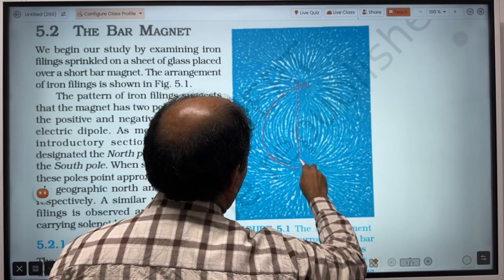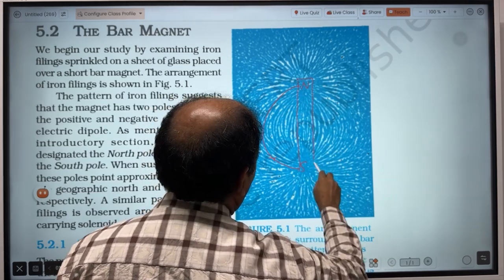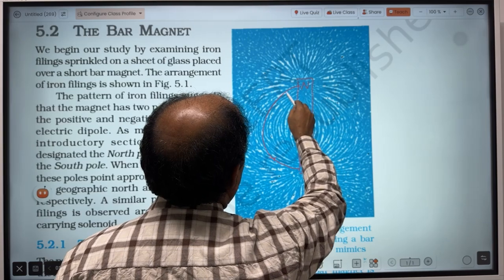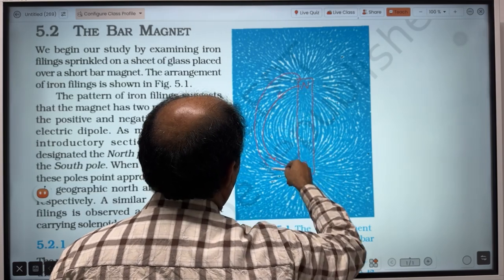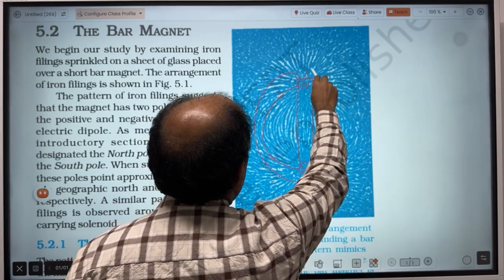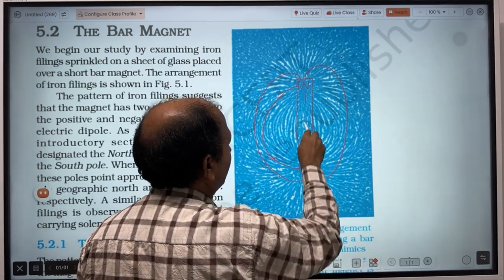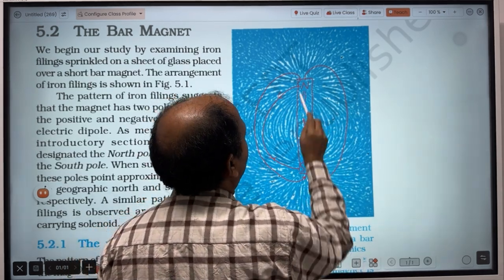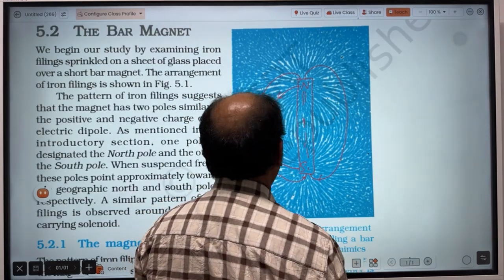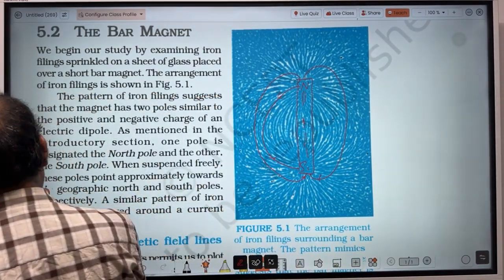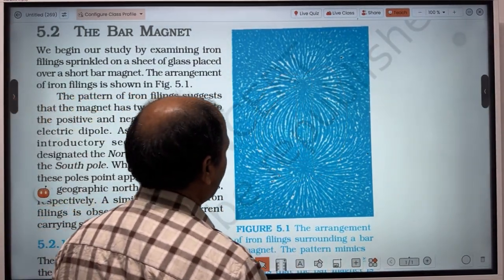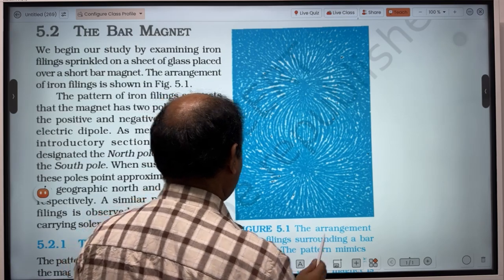So if this is a magnet, you can just imagine that case. Field lines will come like this, right? You will observe that inside the magnet, they travel from south to north. So we can say that magnetic field lines form closed loops, right?